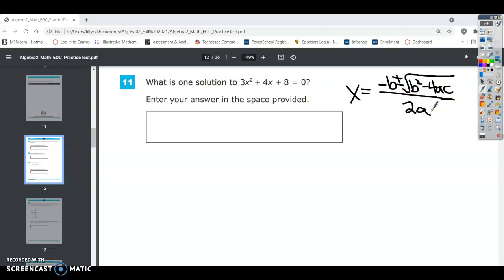Alright, so when we look at this, we can determine that our A, our B, and our C are given, and they're all positive numbers. So we can say A equals 3, B equals 4, and C equals 8.